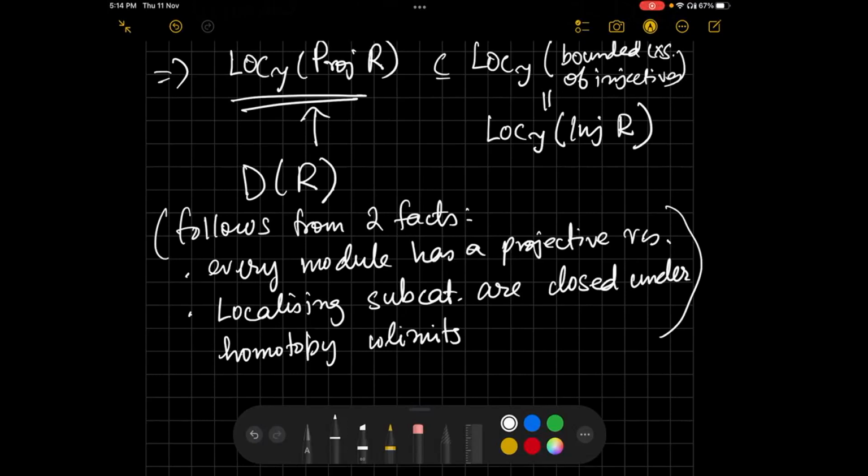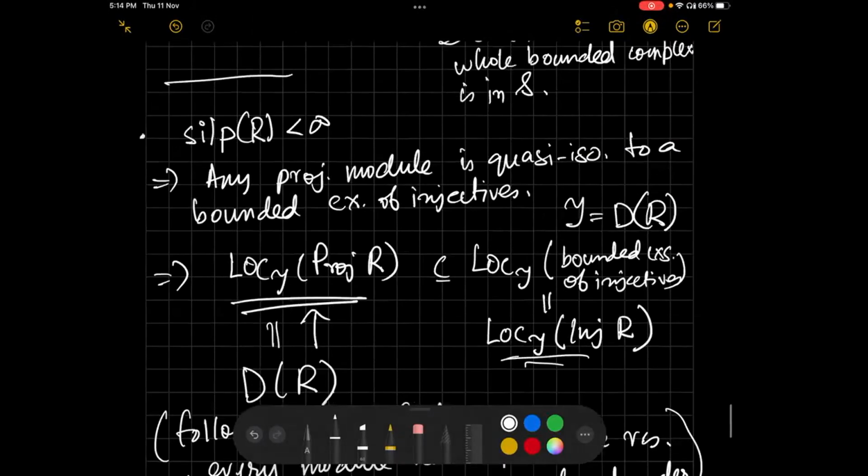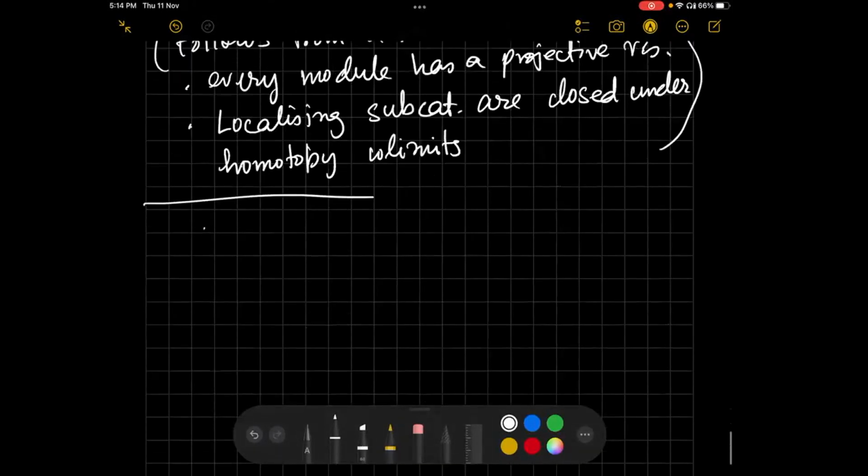So this is always exactly equal to D(R). So when we have a situation like this, where this guy is all of D(R), this guy will have to be all of D(R). And now see, if R is a group algebra, then this should imply that the injectives generate, basically.